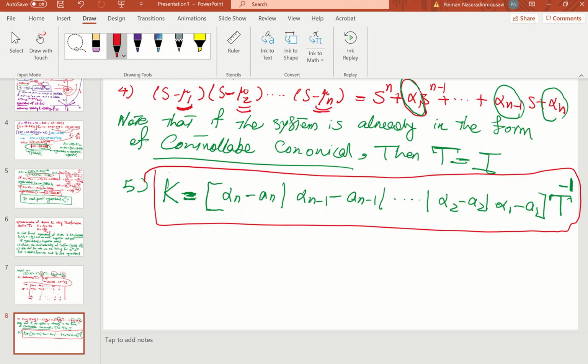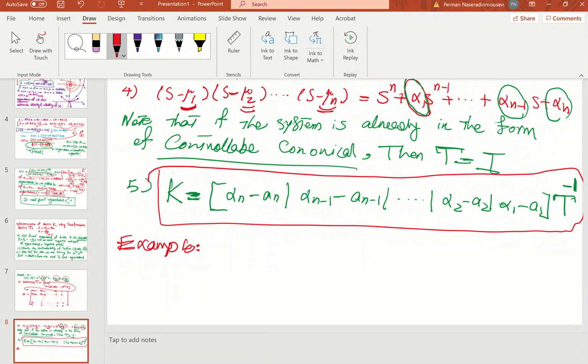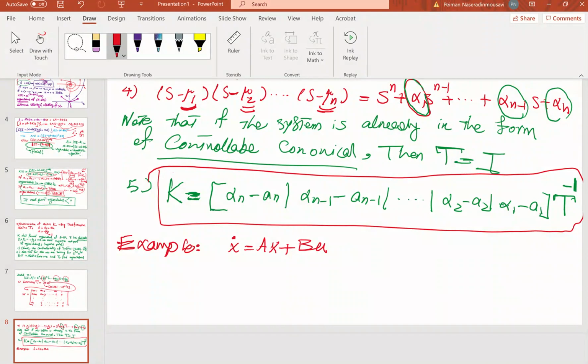Okay, here we go. So I'm going to express an example to show what's happening. Suppose that you have this LTI system, x dot is equal to Ax plus Bu, and this is a third order system, so A is 3 by 3.